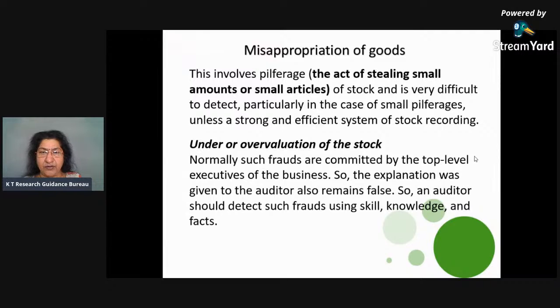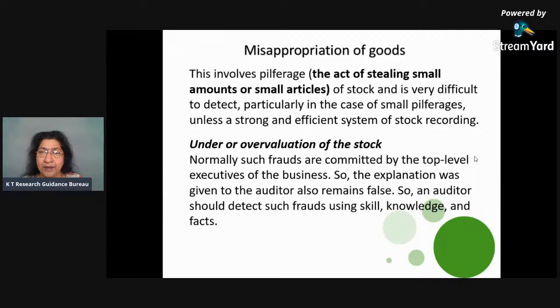Then third one is misappropriation of goods. Means this involves the pilferage of stock and is very difficult to detect, particularly in the case of small pilferages, unless there is a strong and efficient system of stock recording.